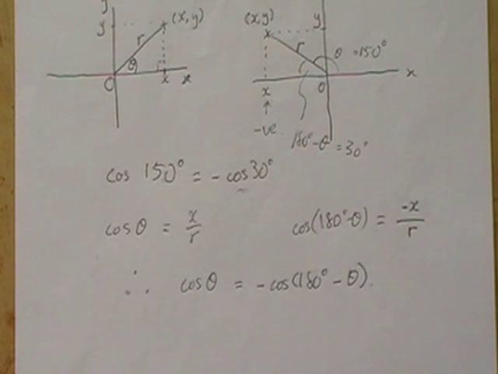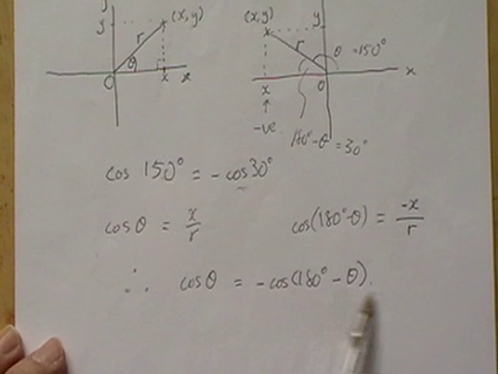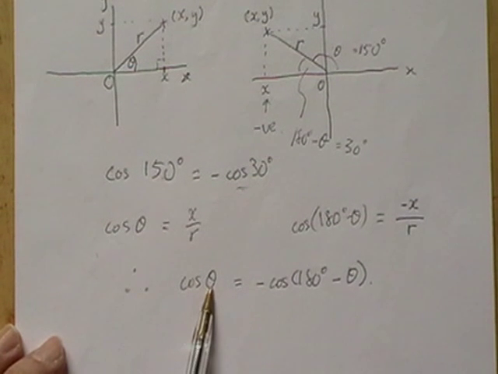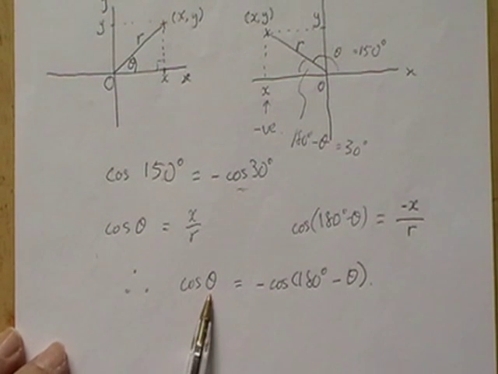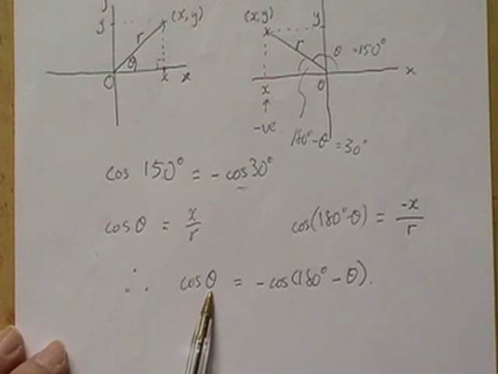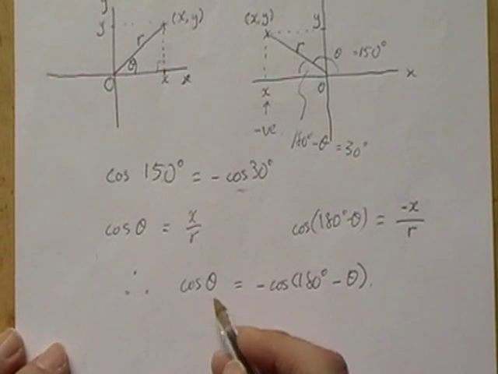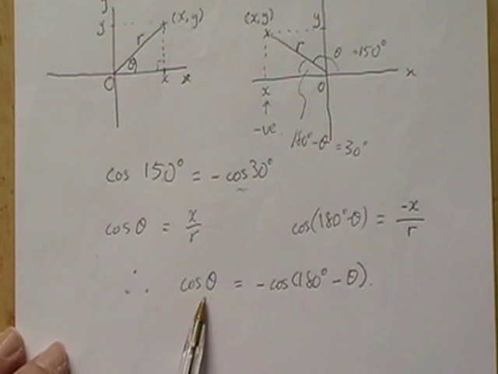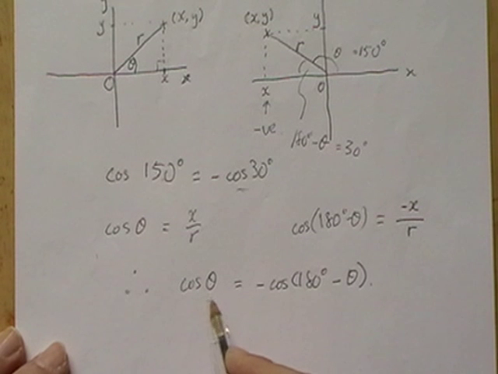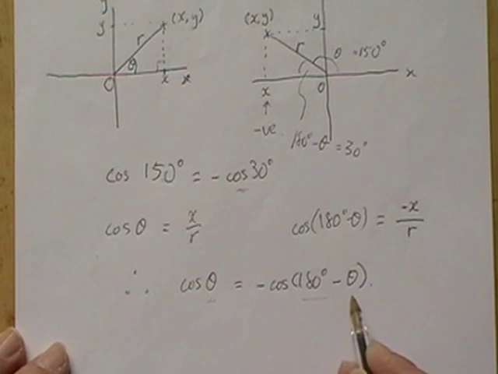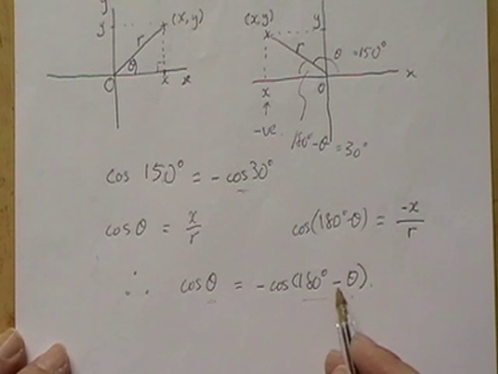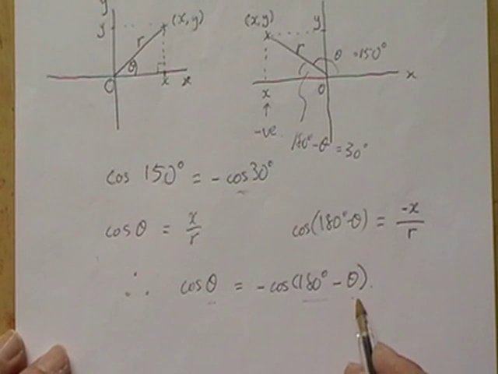Now the nice thing about this formula is that it is true even if the angle is not obtuse. So for example, what if this angle is acute? Does this formula still work? Well, if theta is acute, if it's less than 90 degrees, then you'll find that this angle, 180 minus theta, is now obtuse.